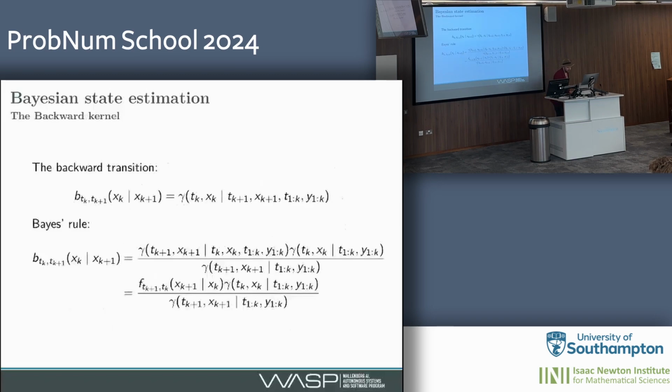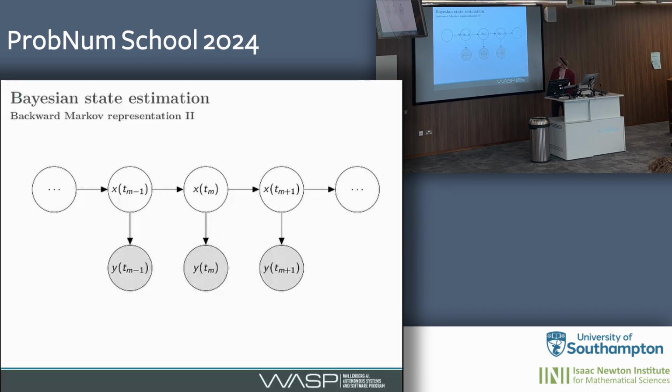And the way you see this is, again, this conditional independence assumption. If I know x here, then it gives me everything I need to know about xtl from the right, because this guy and these guys are then irrelevant due to this conditional independence property of Markov processes.